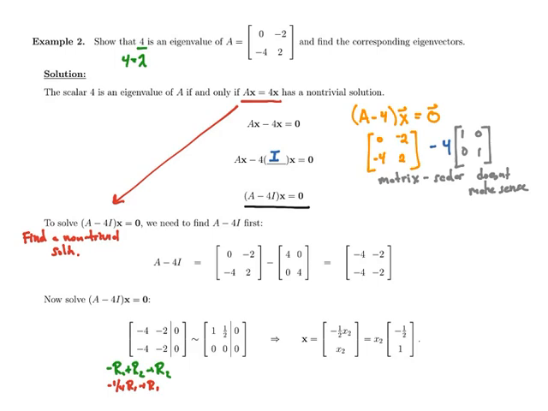Note that this is a free variable, the x2, as there's no pivot in that column, so therefore we have infinitely many solutions. And note that that means that there exists a non-trivial solution.